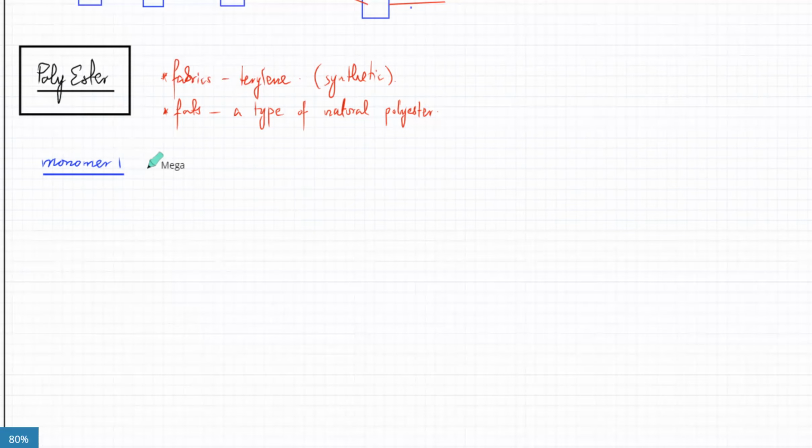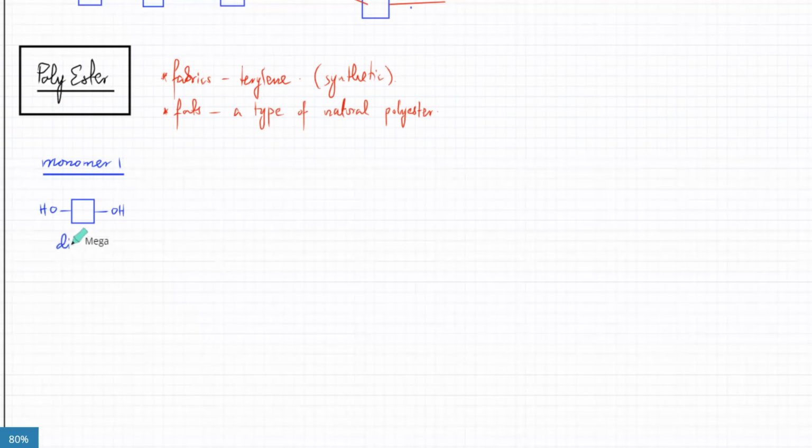Monomer number one is known as a diol, which means a molecule that has OH groups on both sides.